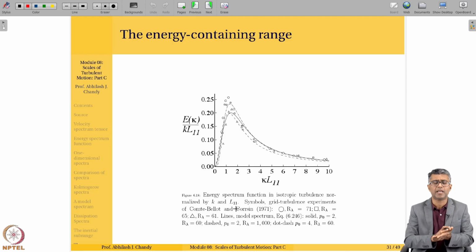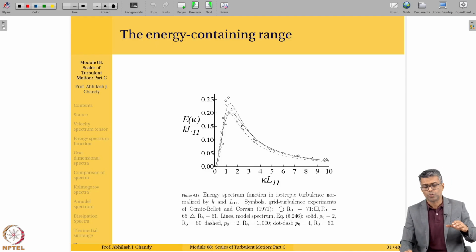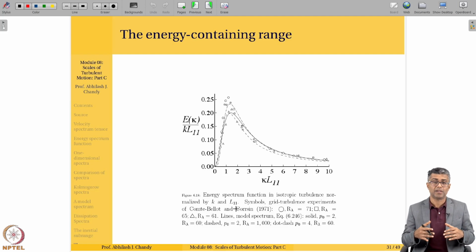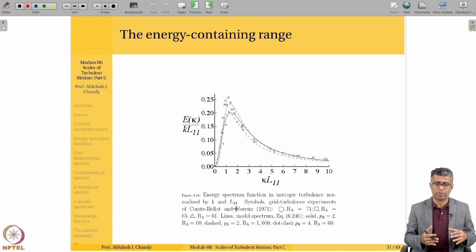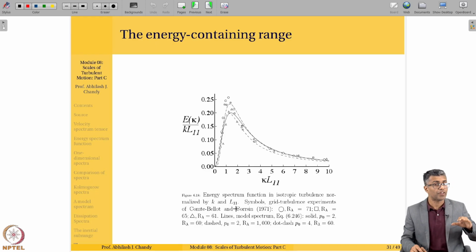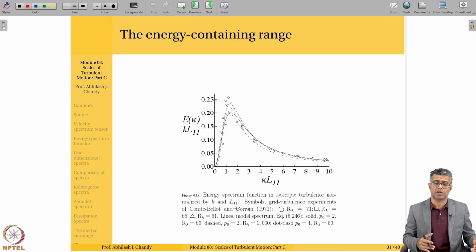So approximately the same Reynolds number, and that is why you see them overlapping a little bit. Not overlapping as in the universal equilibrium range, but they are very close to each other. They are not meant to overlap if the Reynolds number is much different. Whereas here, since the Reynolds numbers are similar, and that is why we picked these Reynolds numbers, they are pretty close to each other.